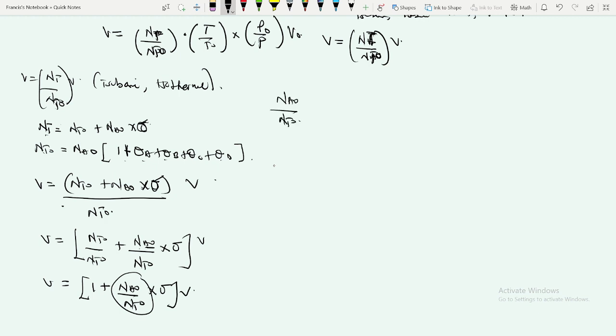Anytime you have the initial moles of a certain species all over the total moles present, what comes into your head? The mole fraction of A naught, so the initial mole fraction of A present. You can just put that there.